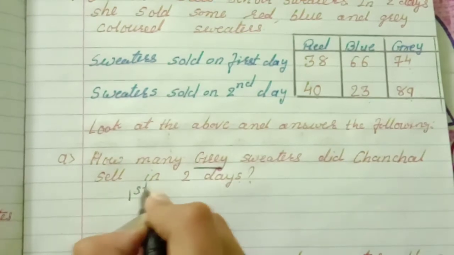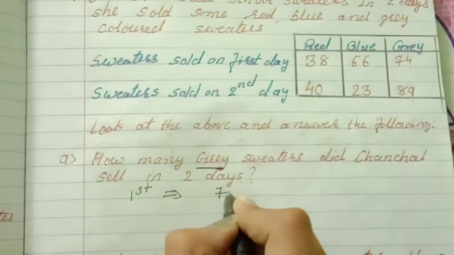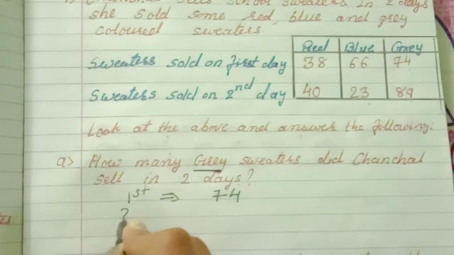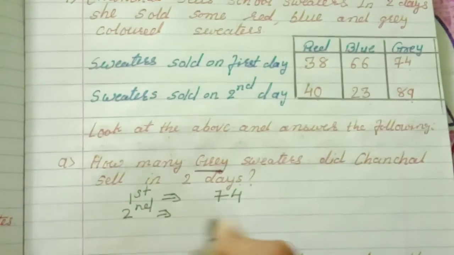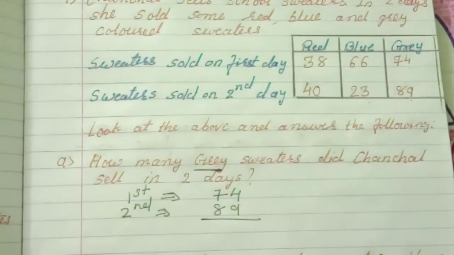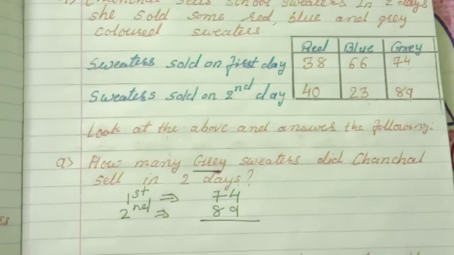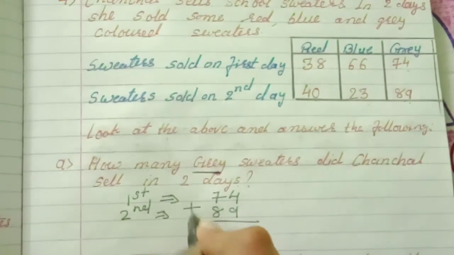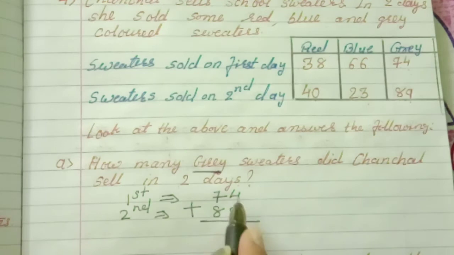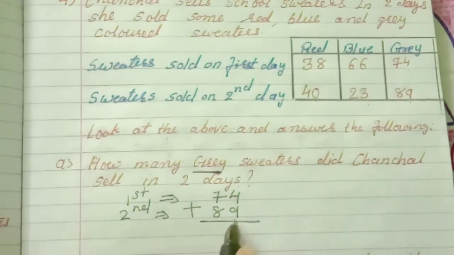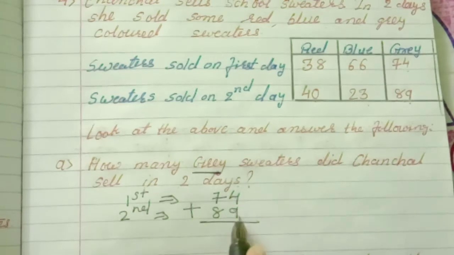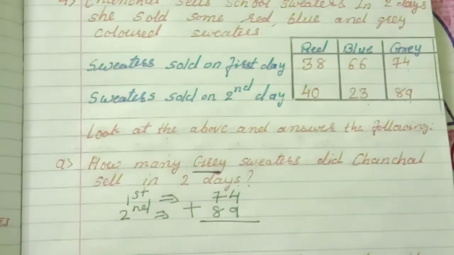First day she sold 74 sweaters and second day she sold 89 sweaters. We have to find for both the days, so we will do the addition. 4 plus 9 or 9 plus 4, it is 13. Add the smaller number to the bigger number, it is easier.